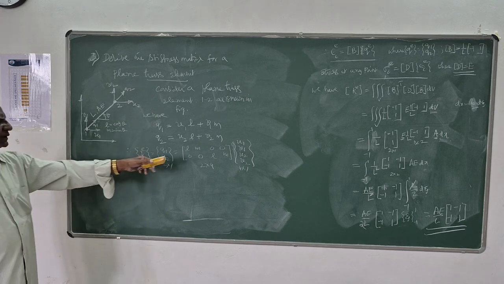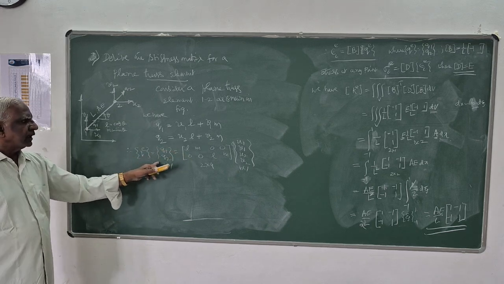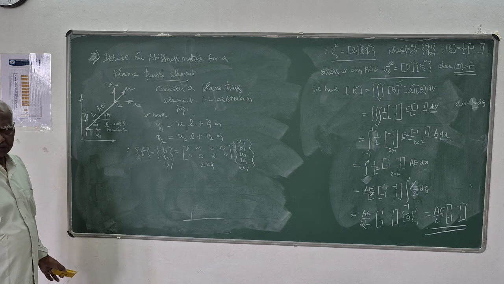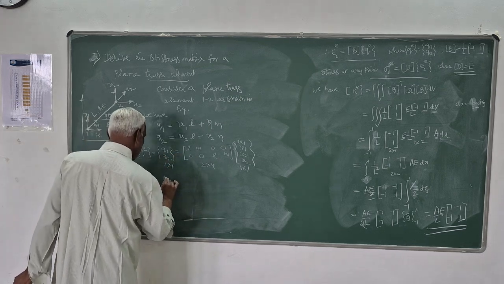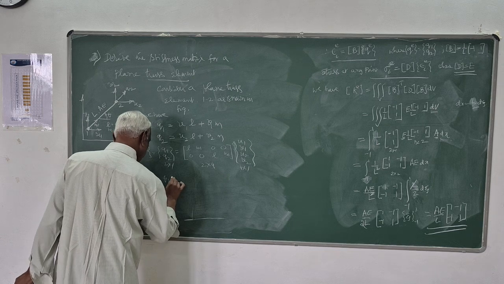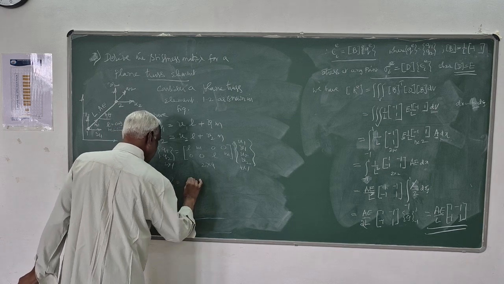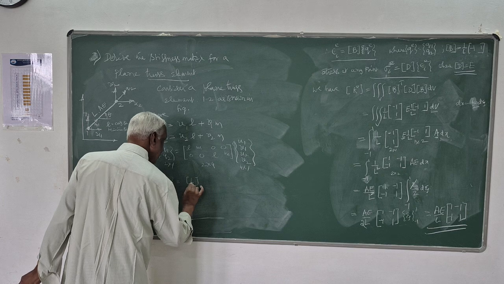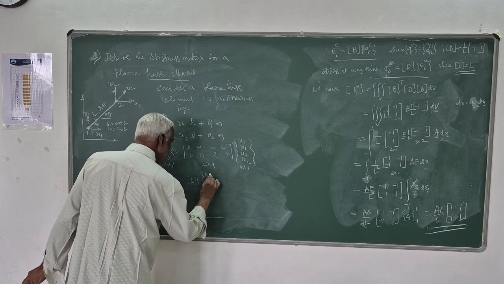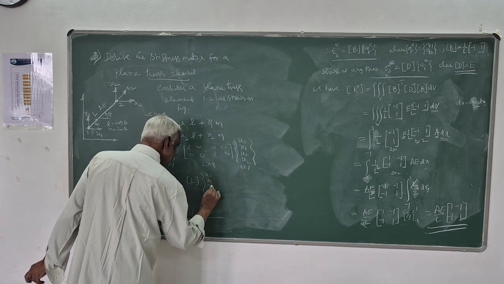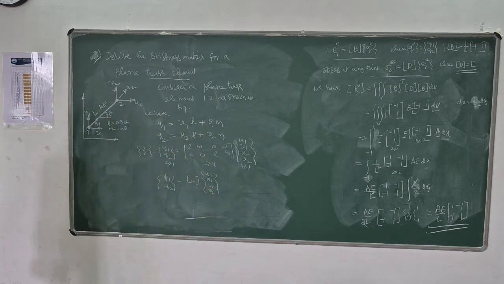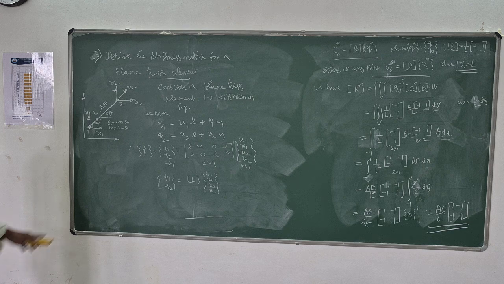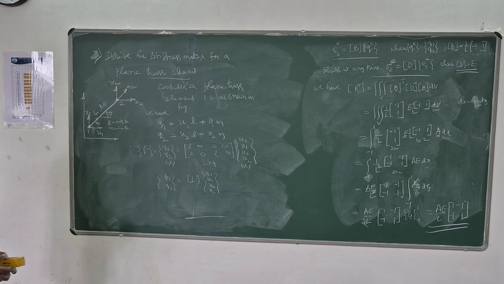This is the relationship between the local and Cartesian coordinate systems. I will call it Q is equal to this L matrix into U. So this is the relationship we have.